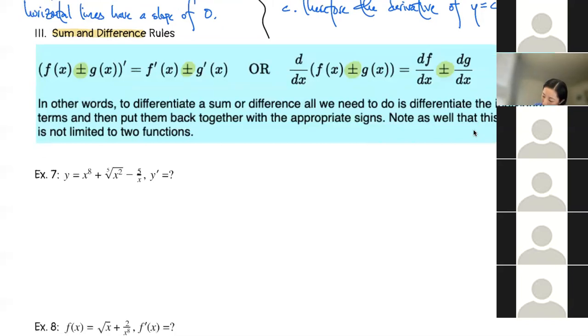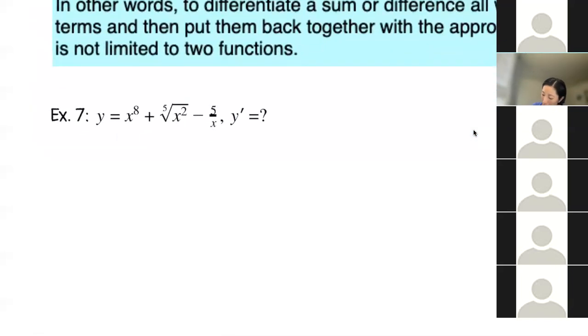So let's take a look at an example here. We've got this, y equals x to the 8th plus the 5th root of x squared minus 5x. I want us to find y prime. And so my suggestion before you even begin the calculus part is to start with some algebra. In particular, I encourage you to rewrite the equation so that you can see all of the powers and no fractions.